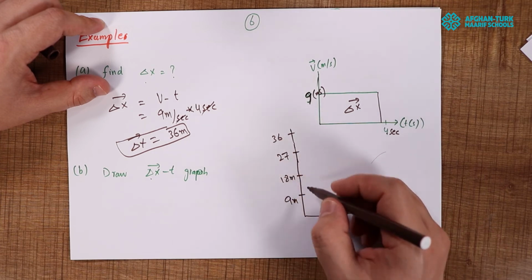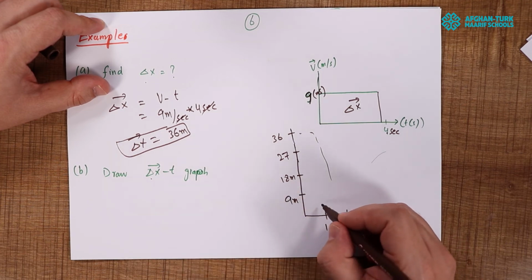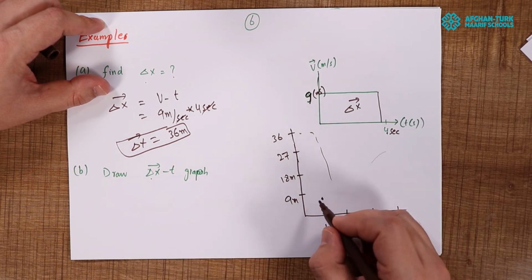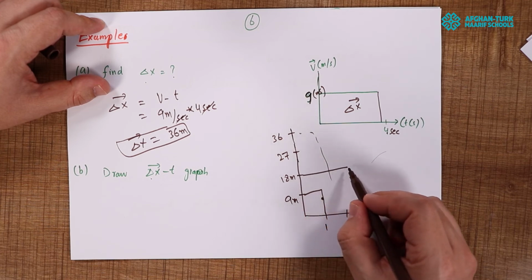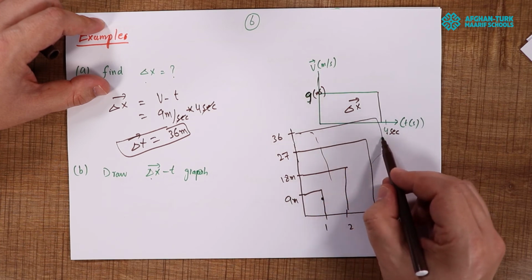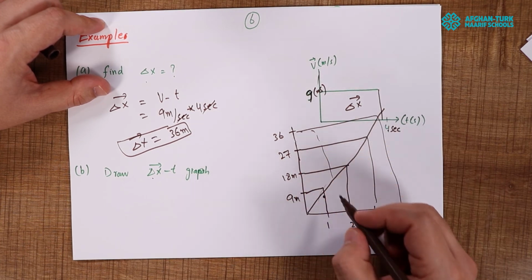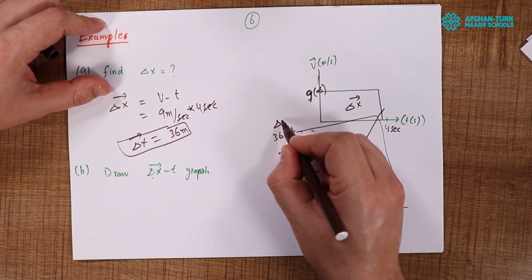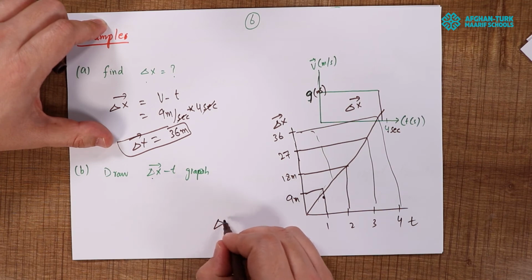So this graph will show us the xt graph or displacement time graph. If we join these different points, we get a line like this. So this graph is called the displacement time graph, or simply we can say the delta x time graph.